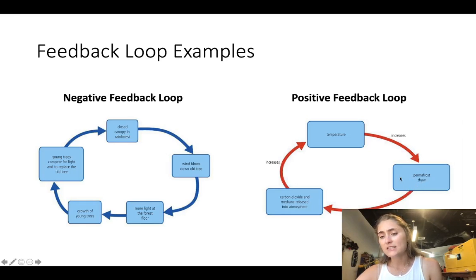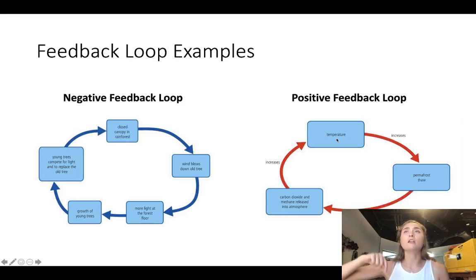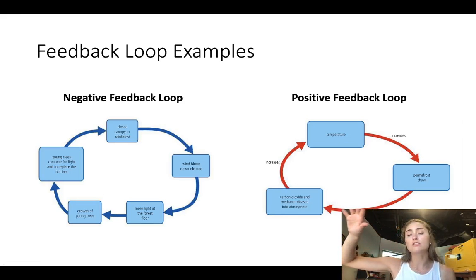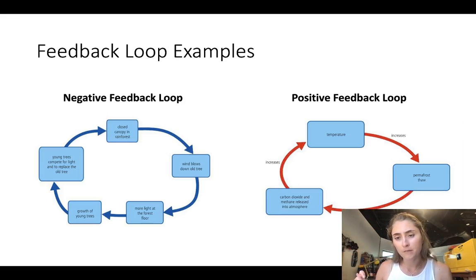As that permafrost continues to thaw, we release more carbon dioxide and methane, which are greenhouse gases, which will contribute to increasing the global temperature, which will contribute to more permafrost thawing, which will contribute to more carbon dioxide and methane being released, and more temperature, and on and on and on. And we never get back to an original status. We just continue to amplify the change that is occurring within the system. So global climate change is a really good example here.